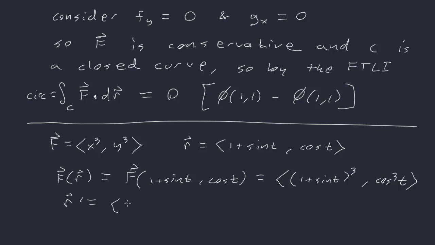And then if we found r prime, we would get the vector cosine t, comma negative sine t.